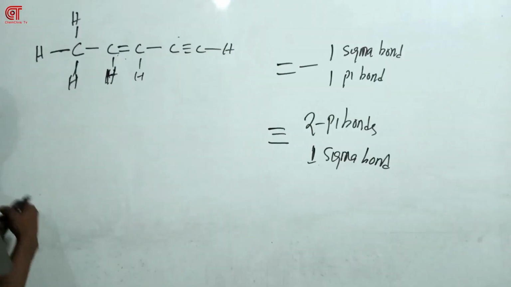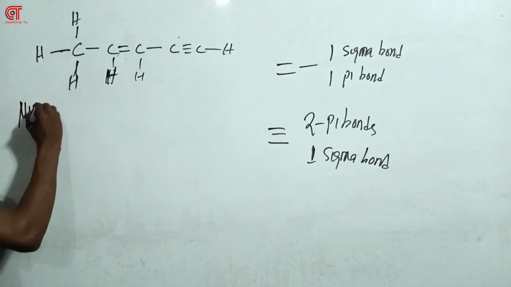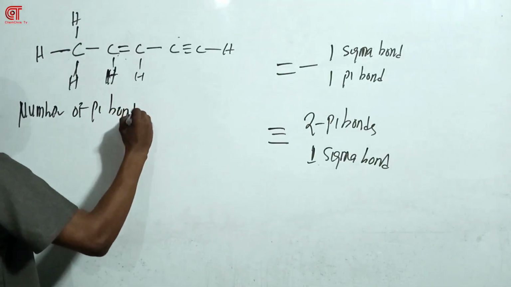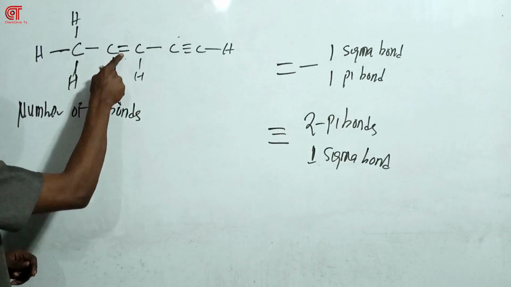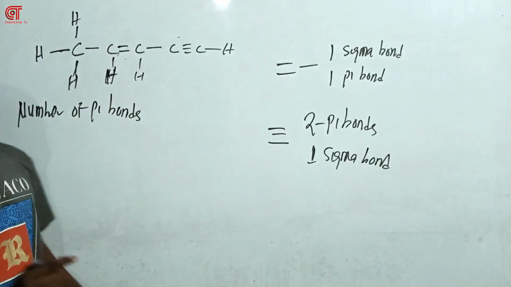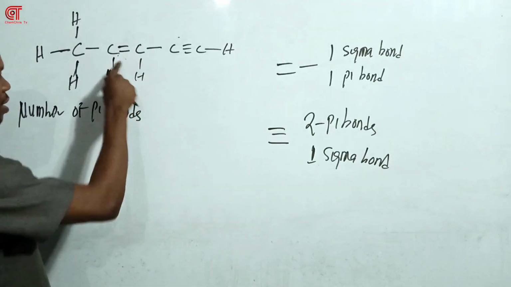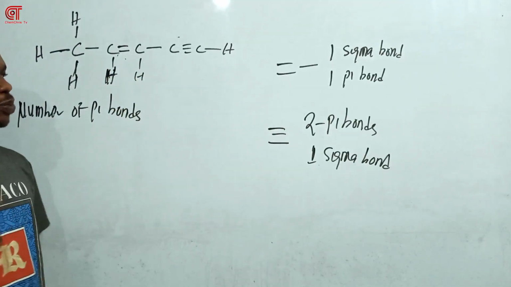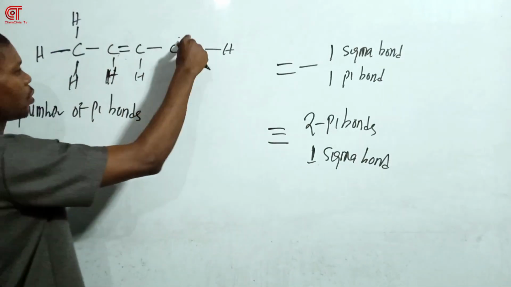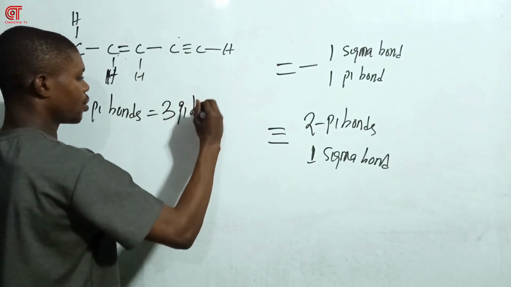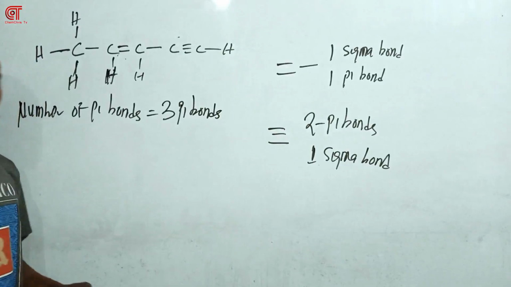So here, for the number of pi bonds, we have a double bond, which contains one pi bond, right? A triple bond contains two pi bonds. So 1 plus 2 is going to be 3 pi bonds.